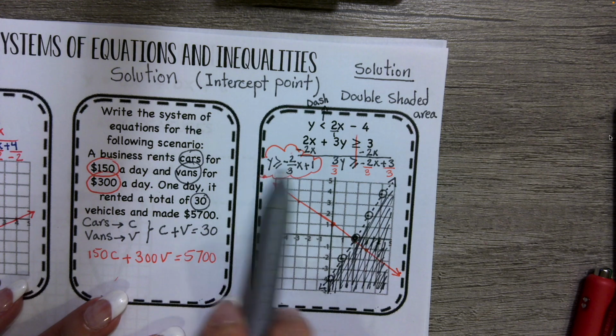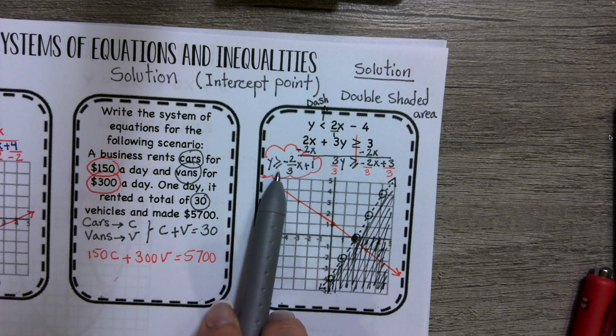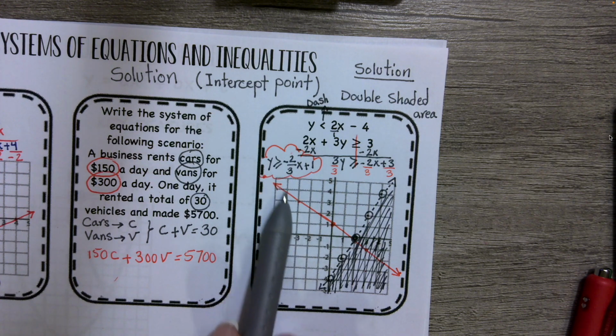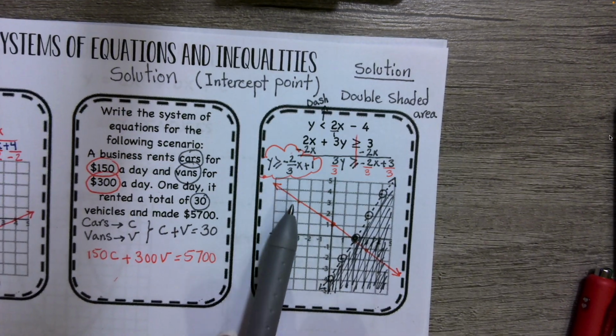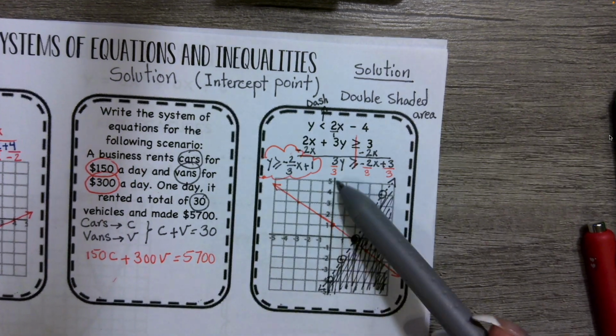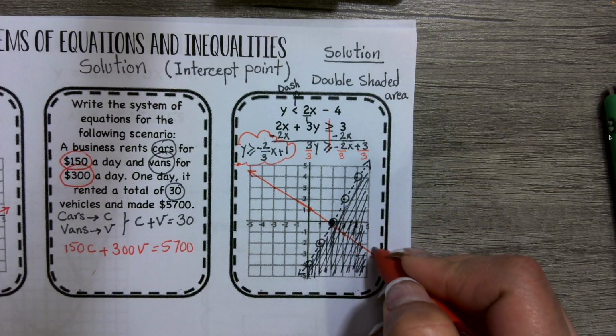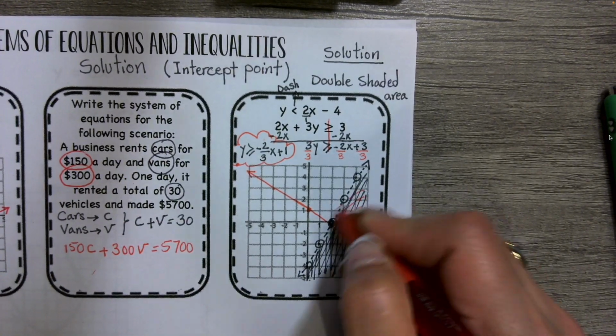Now, for this one, it says all the y greater than or equal to this line. All greater than. So all the y's greater would be above. Greater means above. So I'm going to draw it with a different color. So it's going to be here.